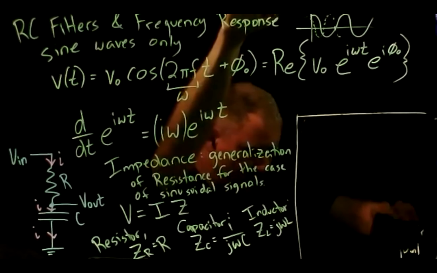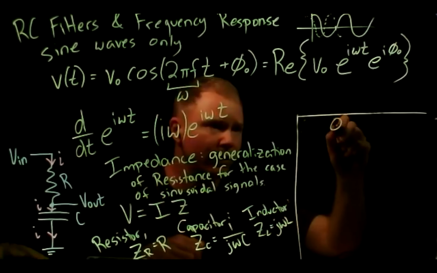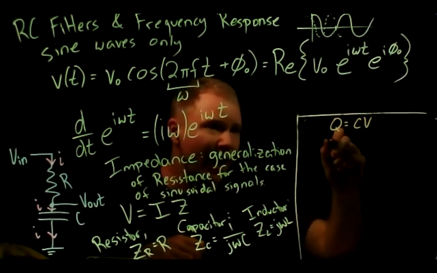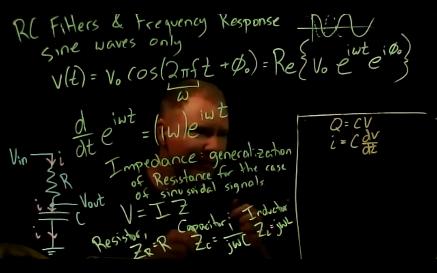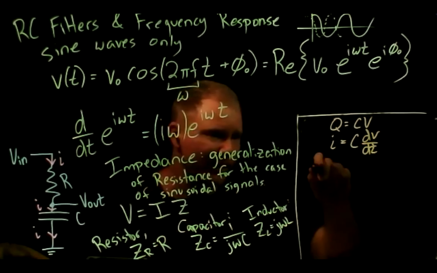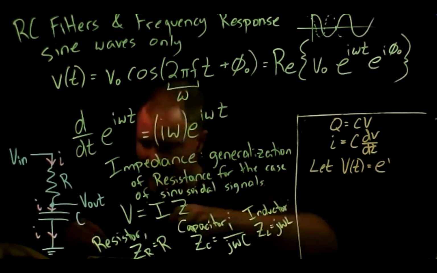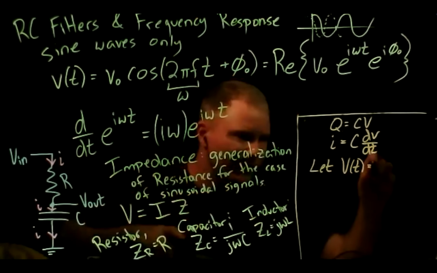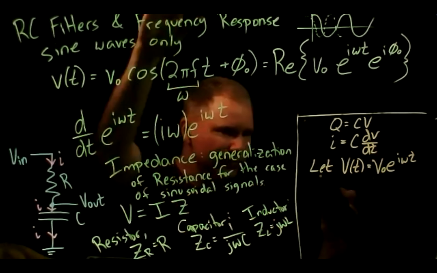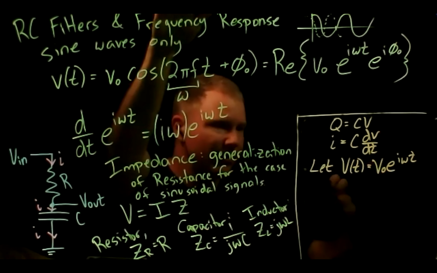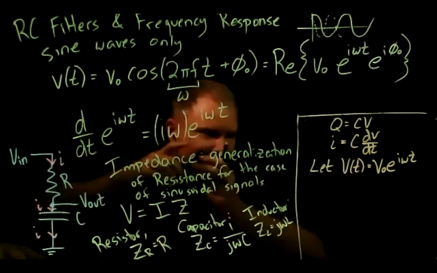Well, if we start with our fundamental relation for a capacitor, where Q equals CV, and the current I equals C dV/dt, if we promote both of these into complex numbers, and I say, well, let the voltage across the capacitor be some amplitude V naught e to the i omega t. Let me just press on for a second here.